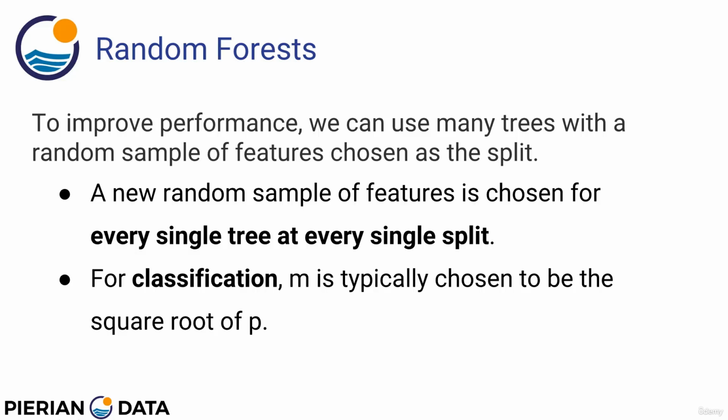The split is only allowed to use one of those M features. A new random sample of features is chosen for every single tree at every single split. For classification, this M, random sample of M features, is typically chosen to be the square root of P, where P is the full set of features.